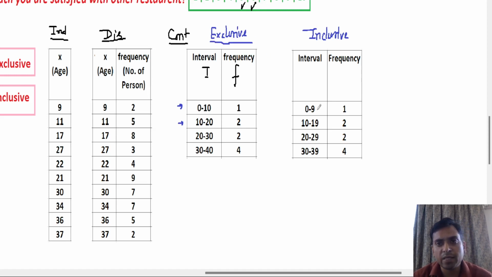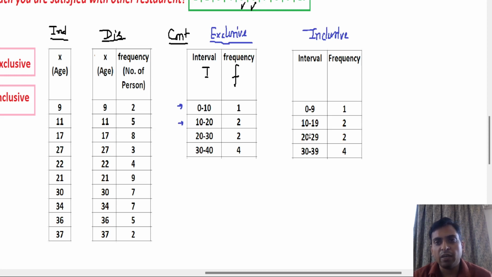But in the inclusive case, suppose the age is 0 to 9, so you will write 9, and this goes up to 9. That's why you will write age 9 only in this interval. And if you have data of 10, for 10 you have only one option, the next interval. You can't write it in this because this is only up to 9. So this is 10 to 19.